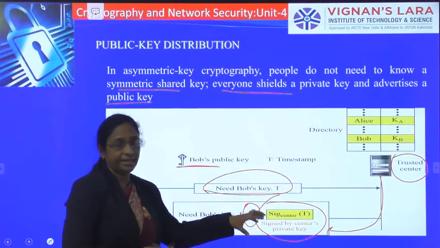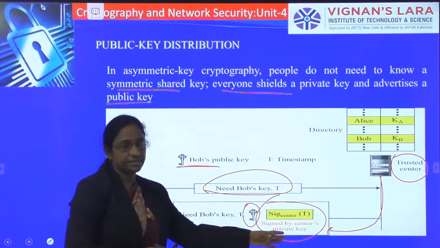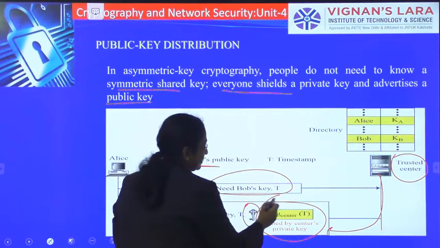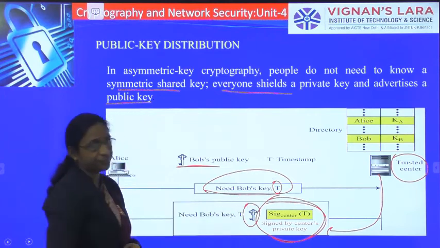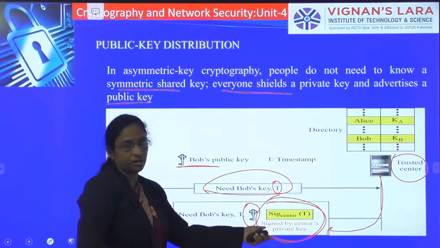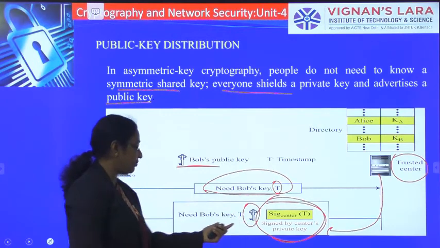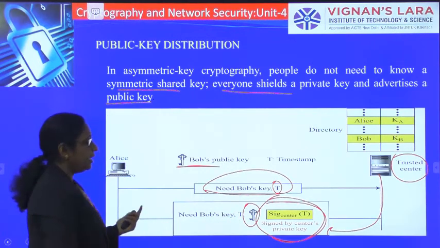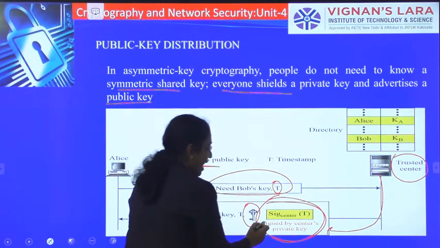The trusted center signs the timestamp and sends the public key of Bob to Alice. Since Alice can verify the signature, she verifies it.